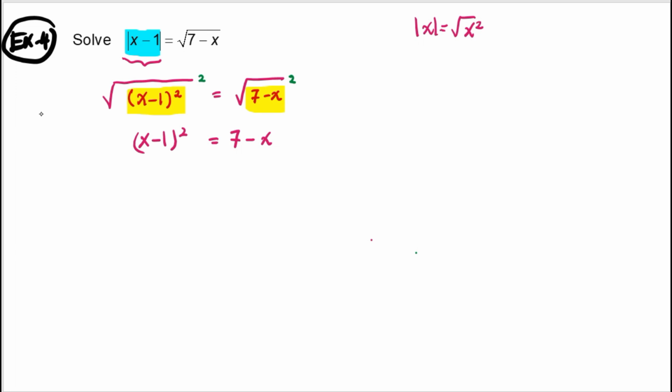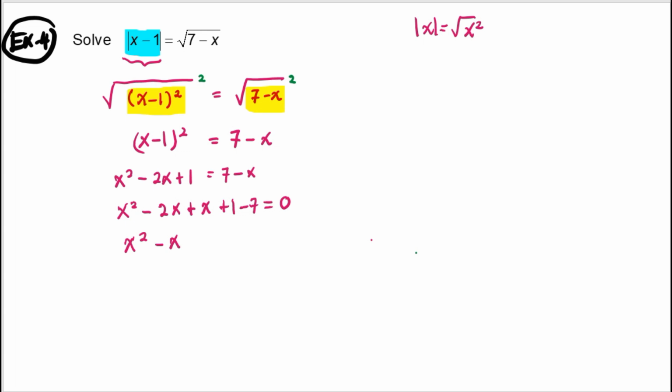Now we expand that one: x squared minus 2x plus 1 is equal to 7 minus x. Then you have to bring all terms to the left side so that we can have it in the general form of the quadratic equation. So we have x squared minus 2x plus x, plus 1 minus 7, equal to 0.